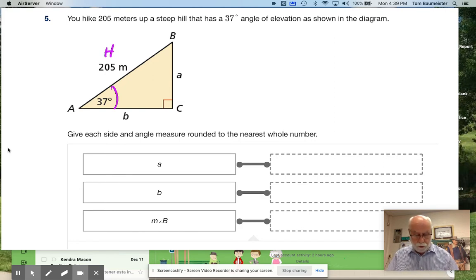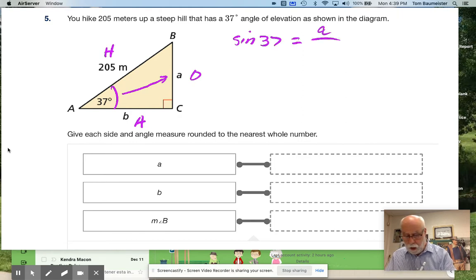So on this one here, I can always state that the side opposite the angle is the opposite one, and this one here would be the adjacent. If we remember that, we can say SOHCAHTOA. So we're going to say sine of 37 is equal to the opposite, which is A, over the hypotenuse, which is 205.